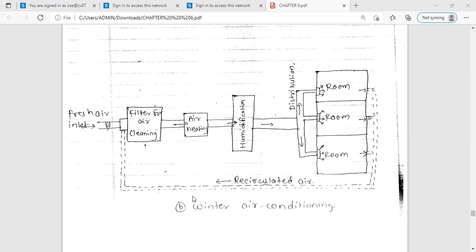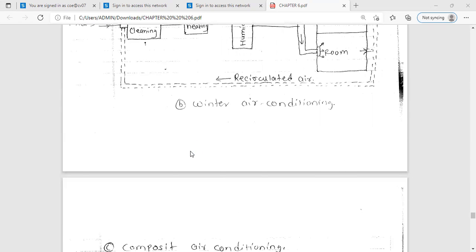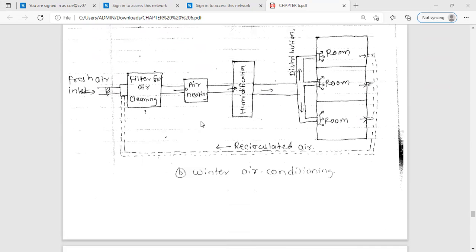So this is the process, or we can say the cycle. We have to use it as per the requirement, as well as according to what kind of season it is.